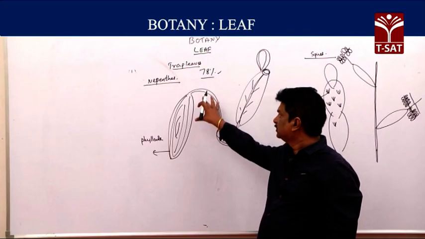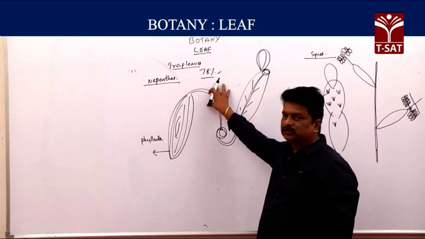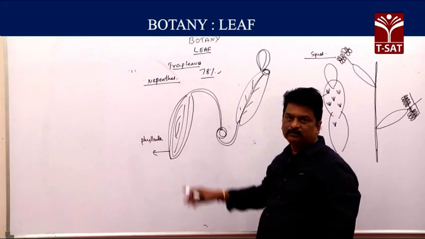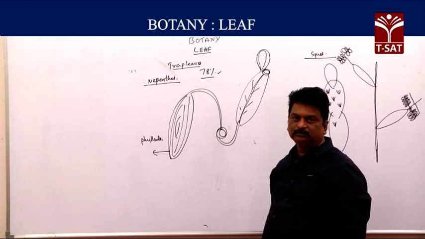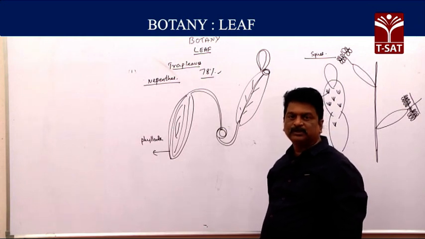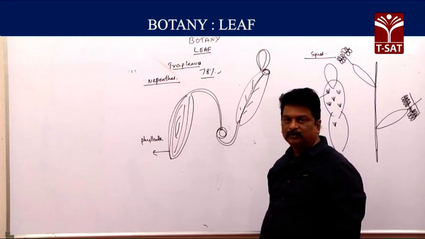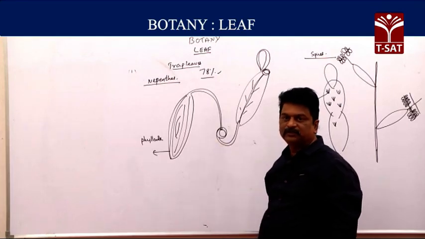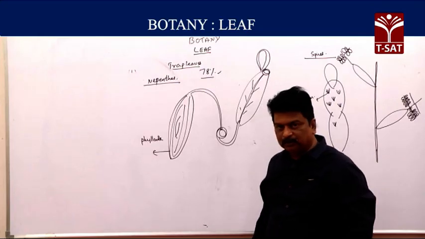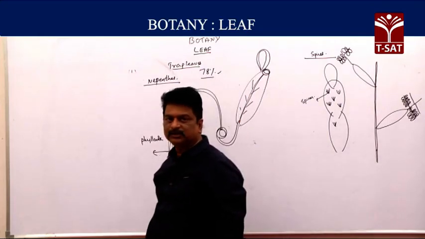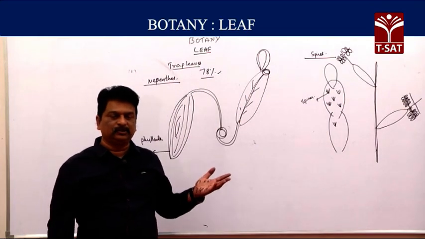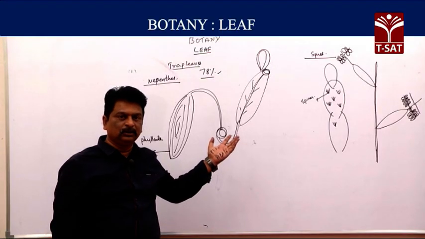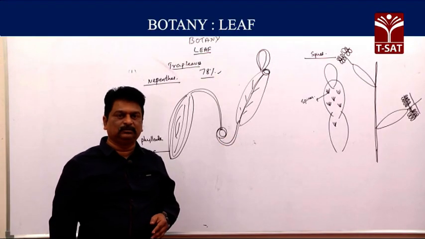So the source of nitrogen for plants is soil. But some plants grow in nitrogen deficient soils. Which plants grow in nitrogen deficient soils? Legumes and also insectivorous plants.